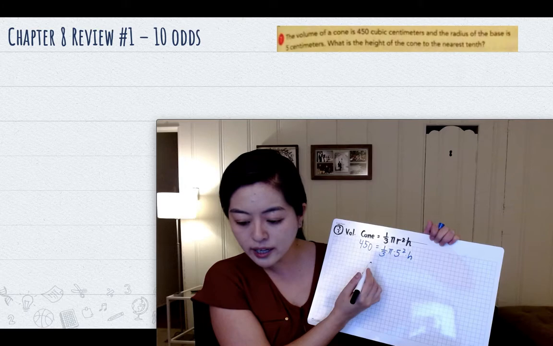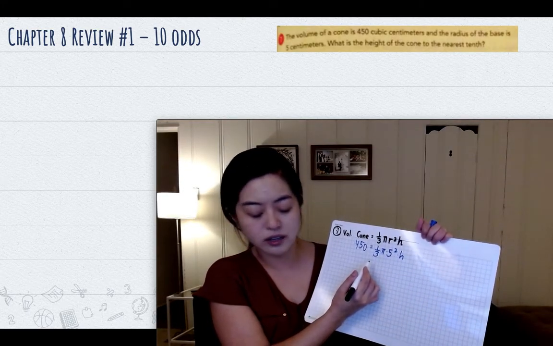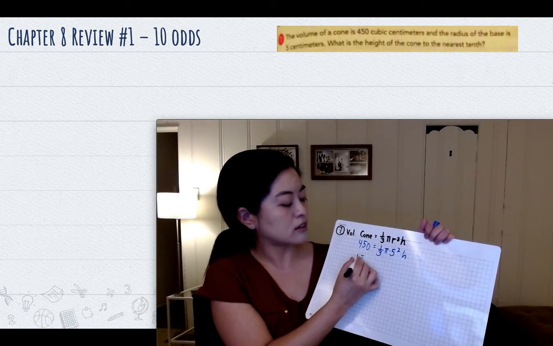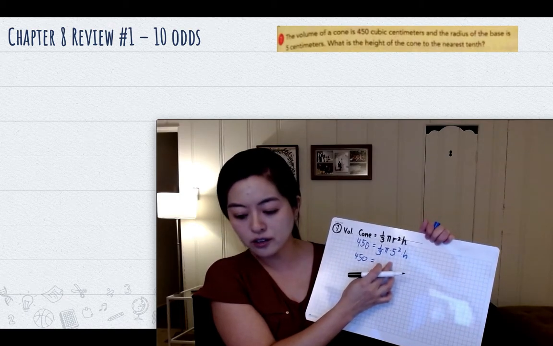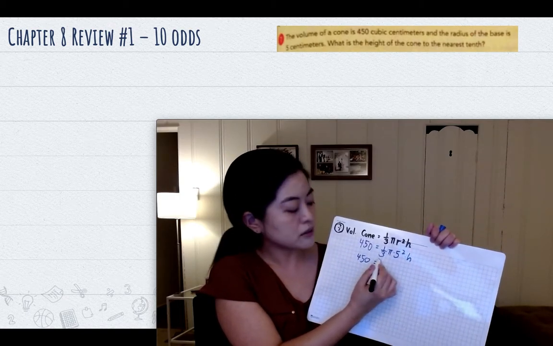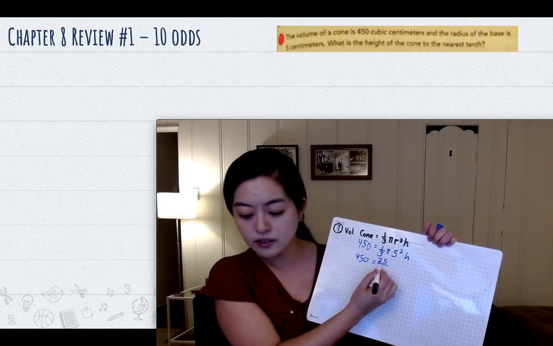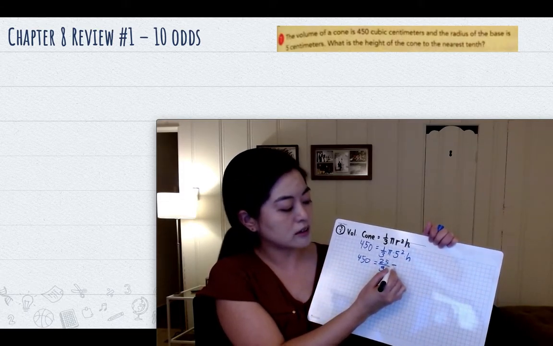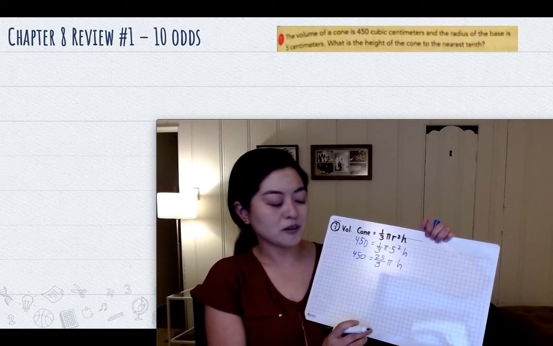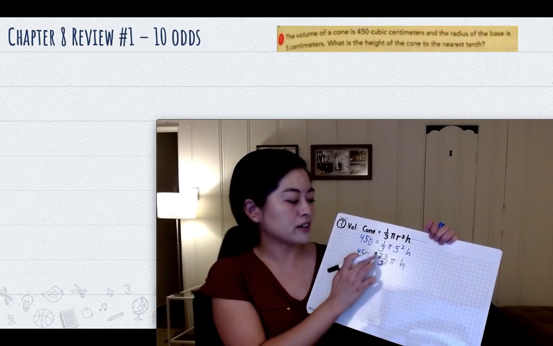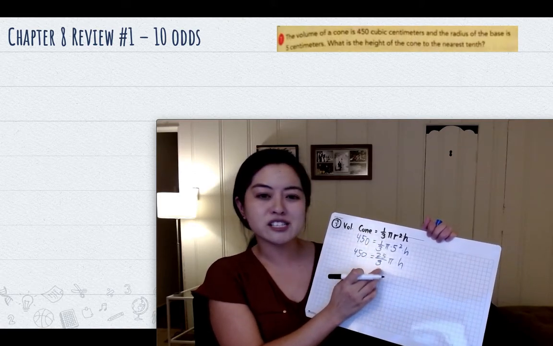The radius is 5, so 5 squared times h. And so now I see that this stays the same on this side. And if I simplify the other side, it basically becomes 25 thirds pi times h. All right. And now, oh, I don't like this fraction here.